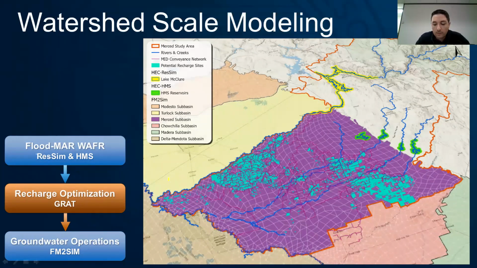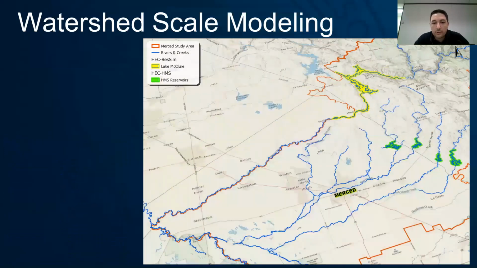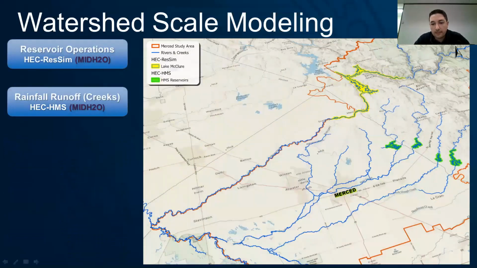So a couple more models now, moving on downstream past the recharge and looking at flood impacts. With FloodMAR, one of the ideas is we're diverting flood flows. And part of the climate change vulnerability analysis is to also look at flood flows. So we'll look at, again, our reservoir operations model for the Merced River and our rainfall runoff models for the creeks.